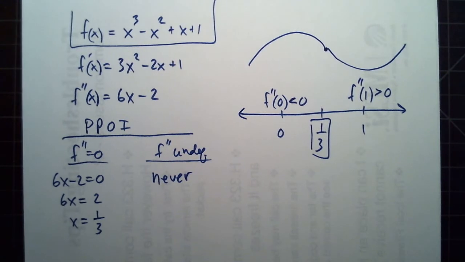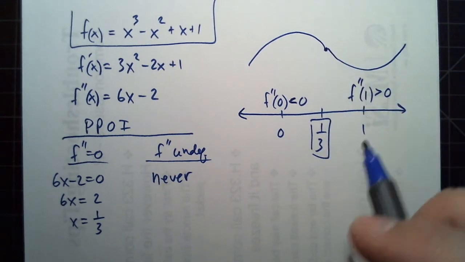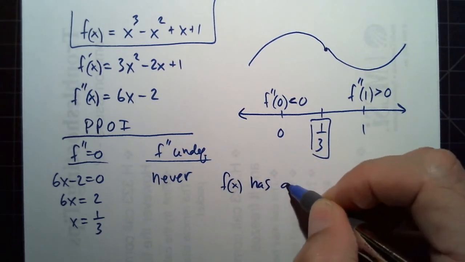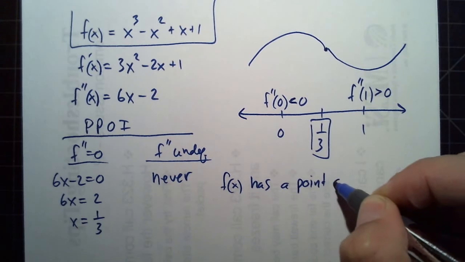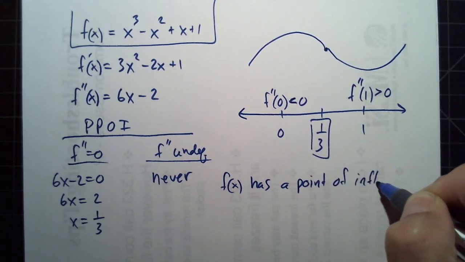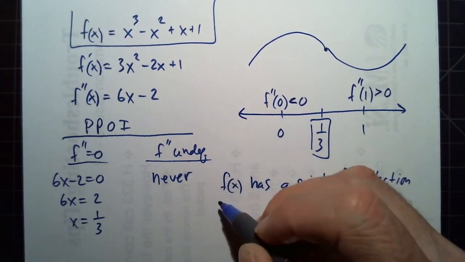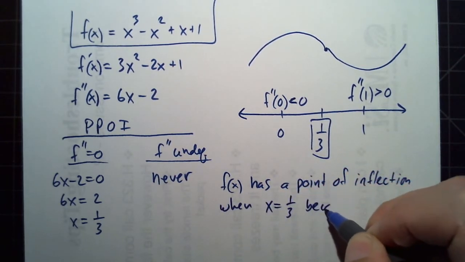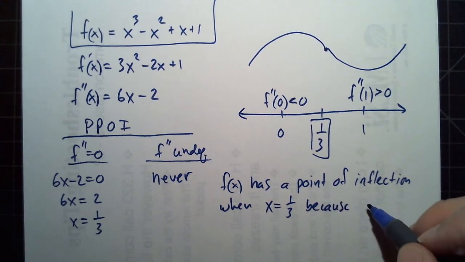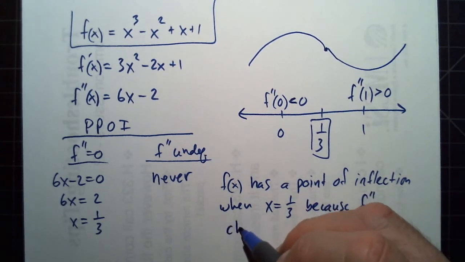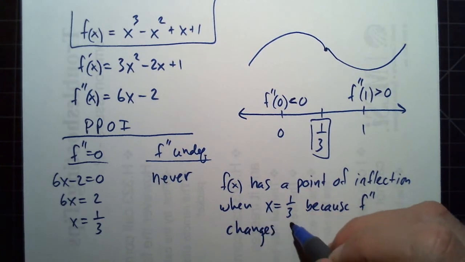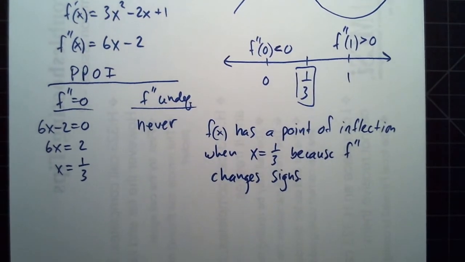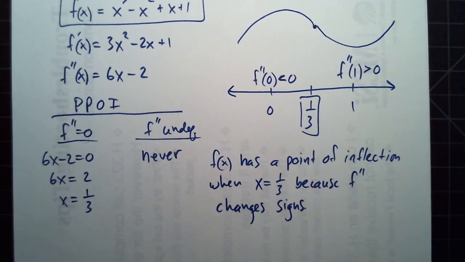So now we do have a point of inflection when x equals 1/3. Now we can say f of x. Okay, we can also talk about the intervals of positive and negative curvature.